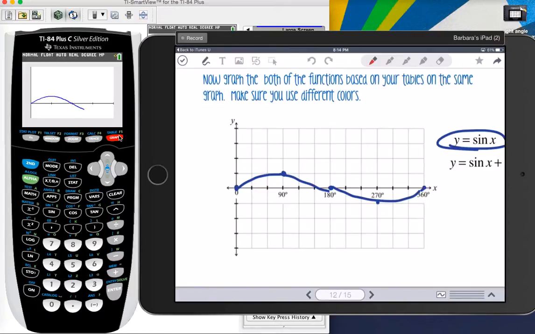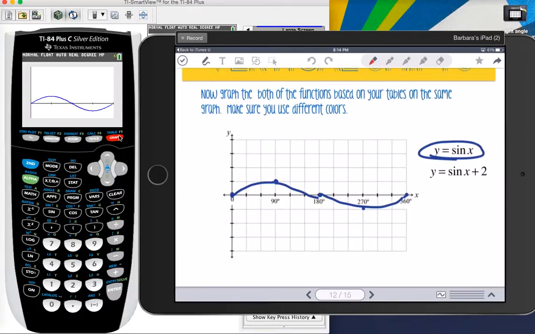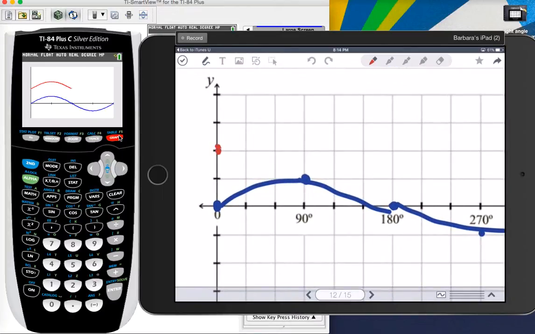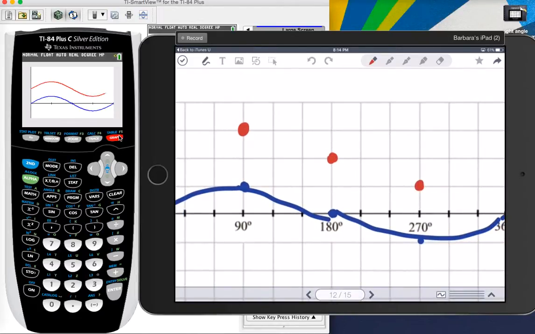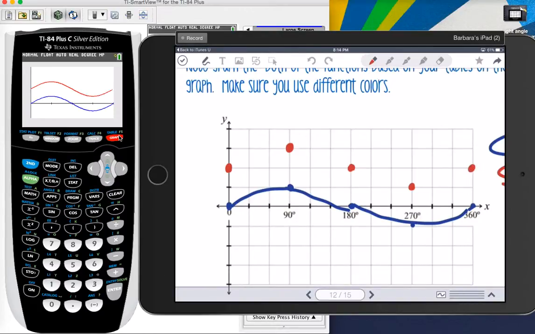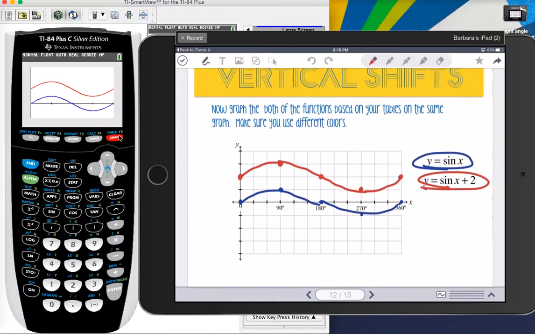So there's the one we just drew. And there's that one up top there. So I'm going to plot those points again. So they were 2, 3, 2, 1, 2. All right.